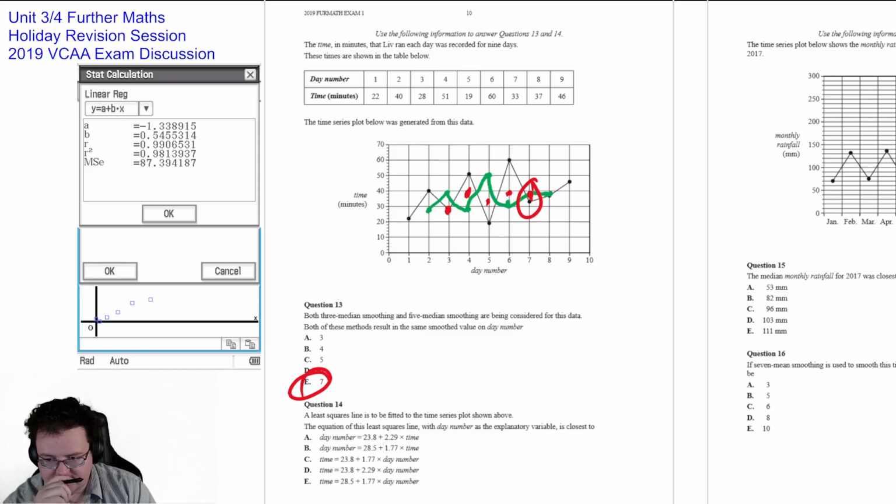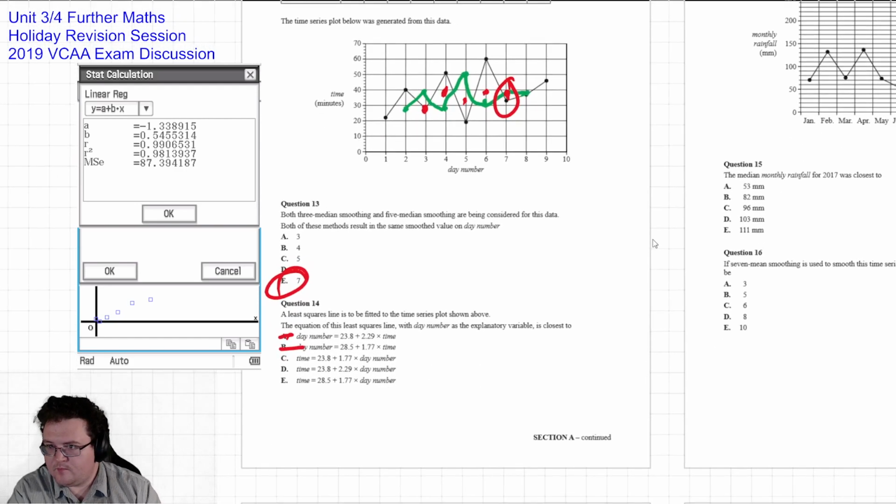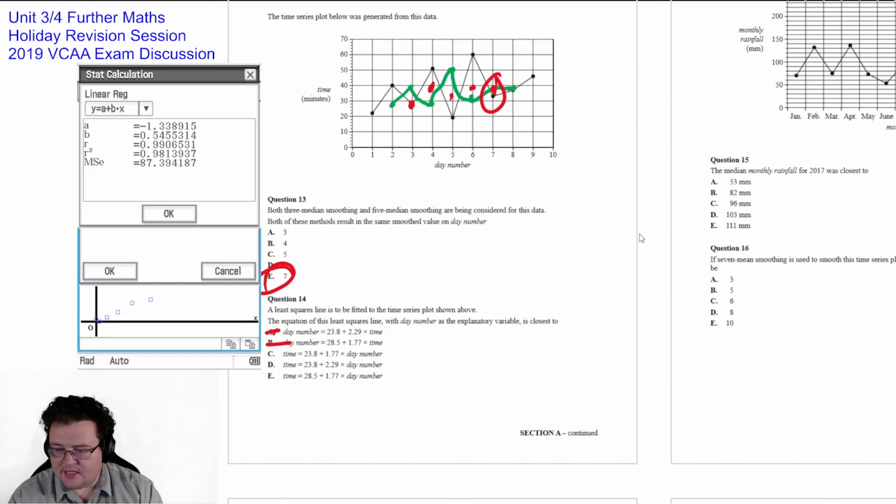It's always on our x. That means we can automatically knock out A and B.